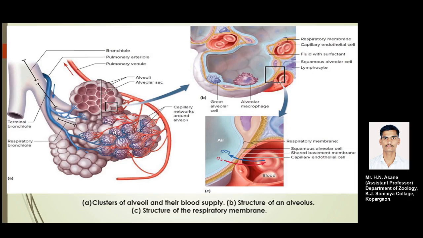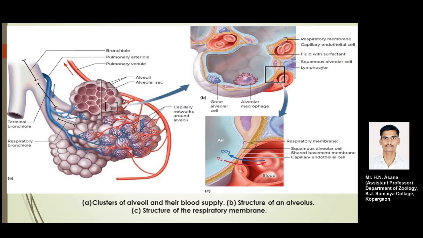The mouth of each alveolus opens into an alveolar duct, an alveolar sac. The wall or septum between these alveoli is composed of capillaries and reticular and elastic fibers.